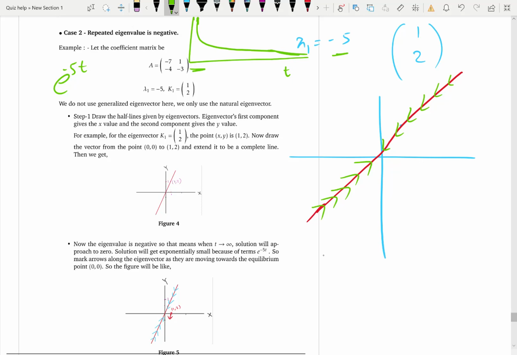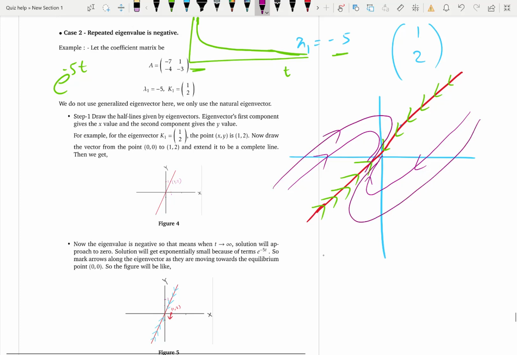So your solutions are really coming from infinity and they approach 0, right?